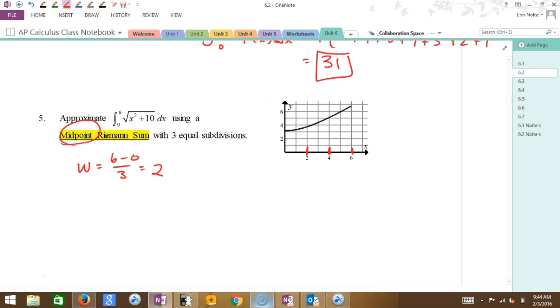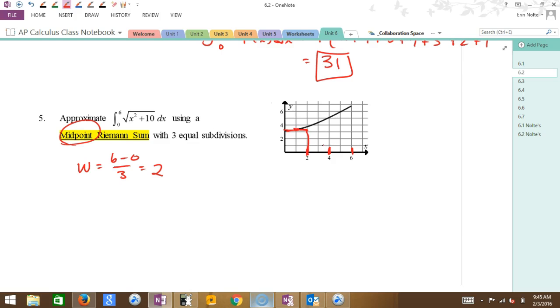If I'm looking at the rectangle between 0 and 2, what is the midpoint? 1. So the height at 1 is right here. Now notice that was not a nice whole number. When it's not a nice whole number, I'm going to use the function in my summation piece.